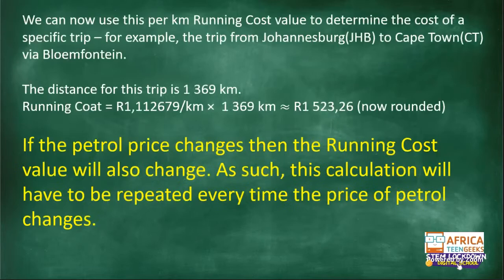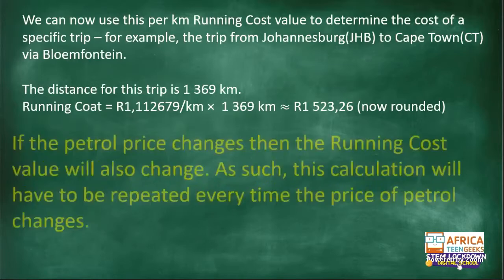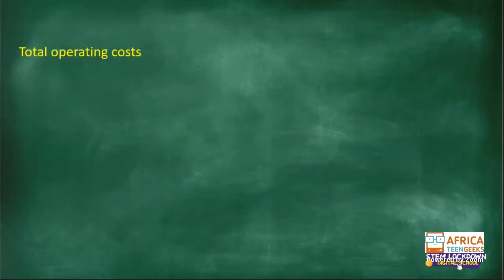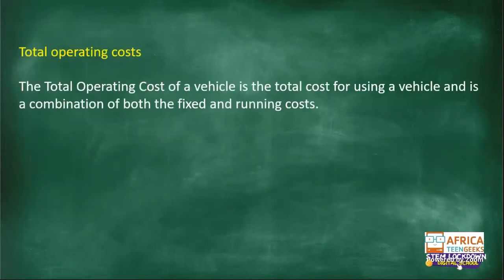And of course, when the distance from Johannesburg to Cape Town is 1,369 kilometers, you can then multiply your value with the kilometers there to find 1,523 kilometers. And of course, now you can round off in the final answer. But then remember, the running costs are not the only costs that are involved.